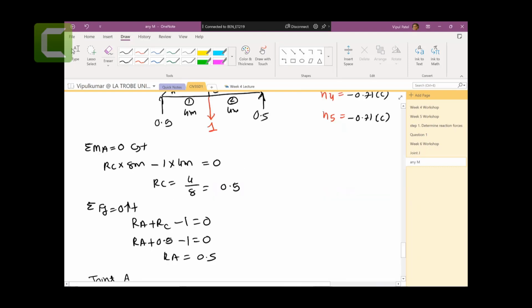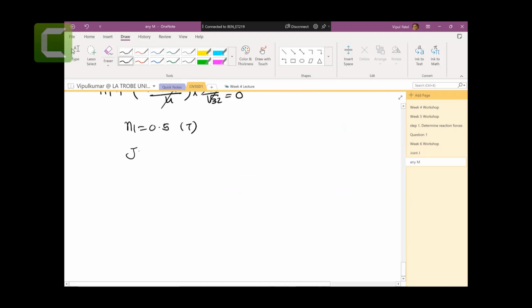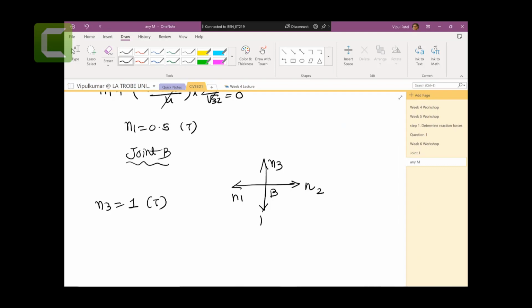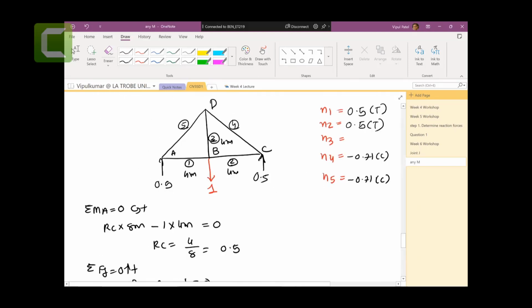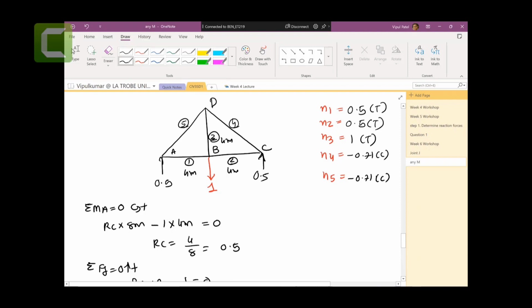And N3, joint B is simple. N2, N1, N3. N3 would be 1, tension.